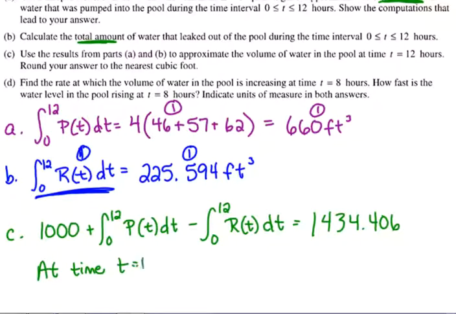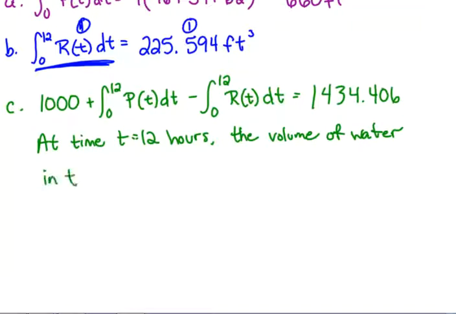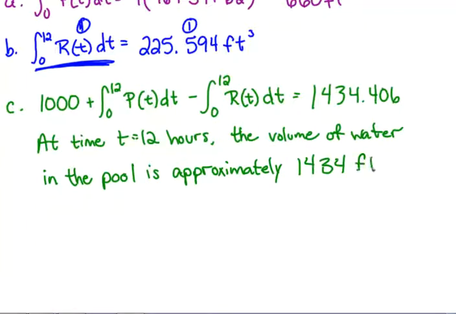At time t equals 12 hours, the volume of water in the pool is approximately 1,434 cubic feet.